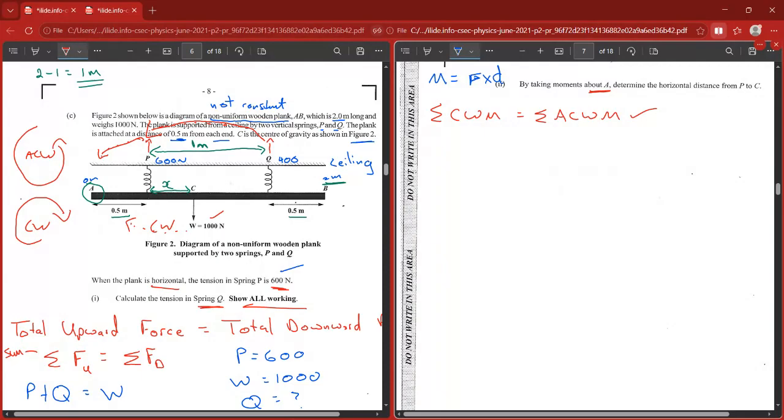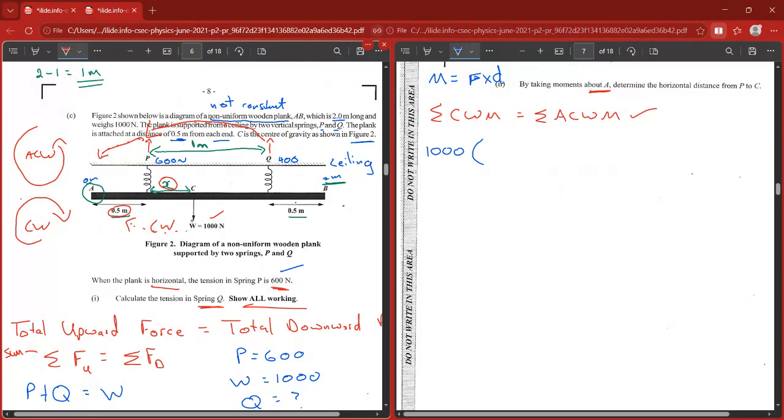So that's what you have to do for each force here: multiply the force by the distance it is from A. Looking at W, it will be the force of W, which is 1000, multiplied by how far W is from A. To get the distance of W from A, remember it is this 0.5 here and this X, which is the unknown.